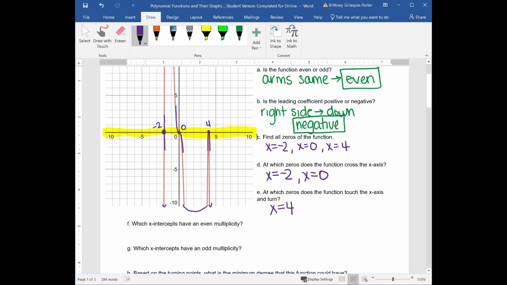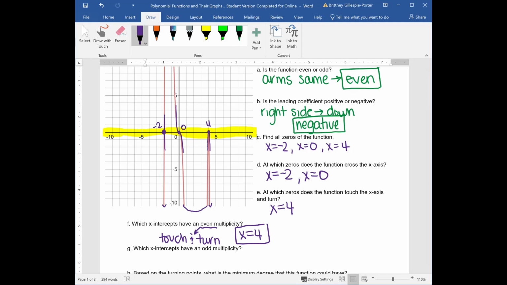So part F, which x-intercepts have even multiplicity? Remember, the behavior of the zeros was determined by the multiplicity. If you have even multiplicity, that means that you touch and turn at the 0 or x-intercept or solution or root, all the same thing. And then our graph only touched and turned at x equal to 4.